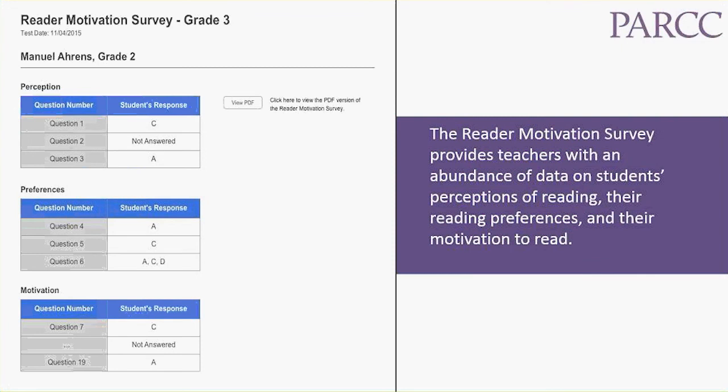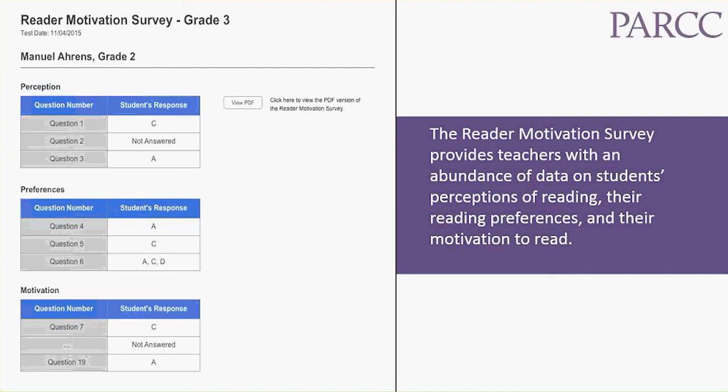Beginning in 2016, there will be an opportunity for teachers to upload the data into the larger data management system and see the fluency data next to the rest of the data that is available around the other diagnostic subtests.